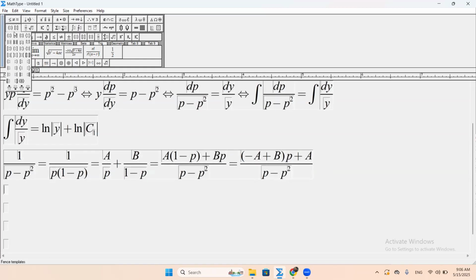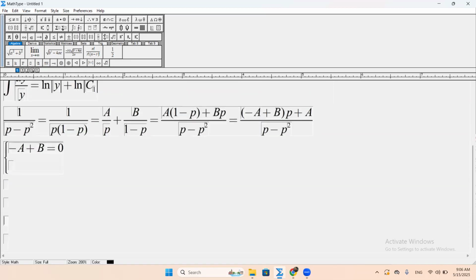So we received the following system for coefficients. So minus a plus b equals 0 and a equals 1. So now we can see that a equals 1 and b equals 1 as well.